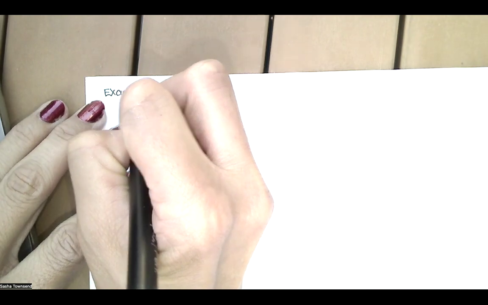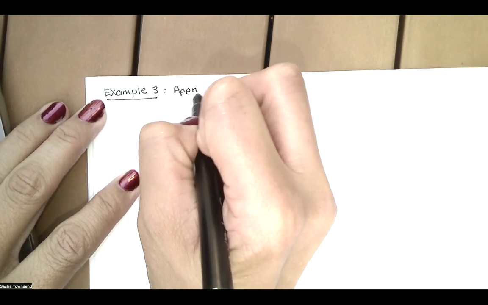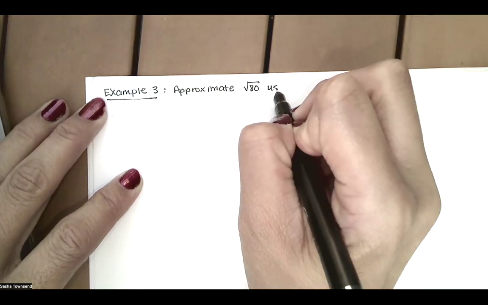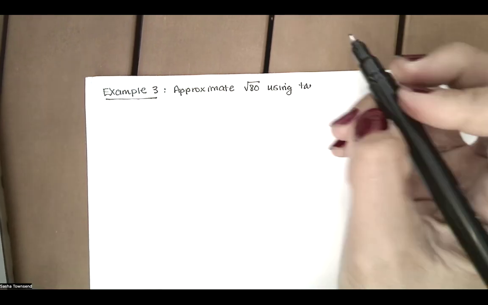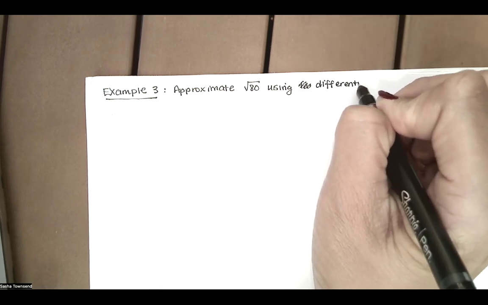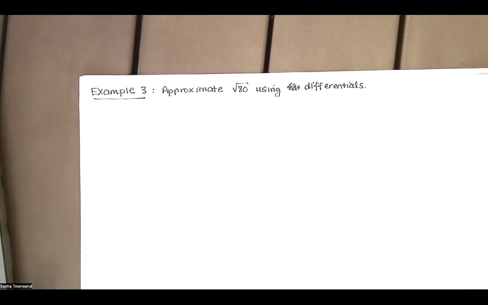Now, the final type of problem that we have a tendency to see in this section involves approximating radicals. So sometimes they'll say, just approximate the square root of 80 using tangent line approximations, or using, let's say, differentials. Well, the square root of 80 is very similar to the square root of 81, right?